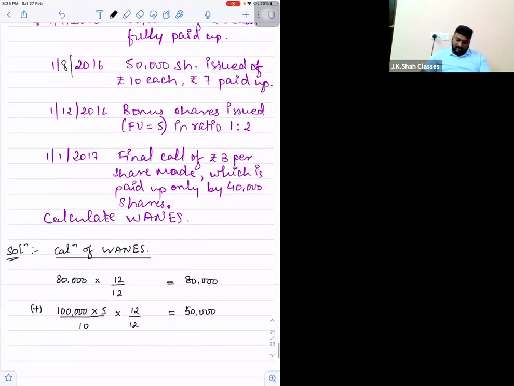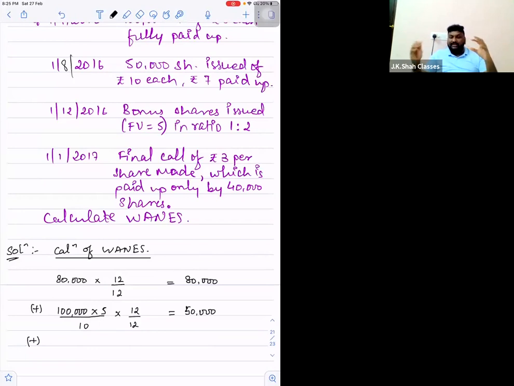Now, on 1st August 2016, 50,000 shares are issued of 10 rupees face value, but they are partly paid up. So partly paid up also has to be converted as if they are fully paid up. But please understand, the time period will not be considered from 1st August to 31st March.